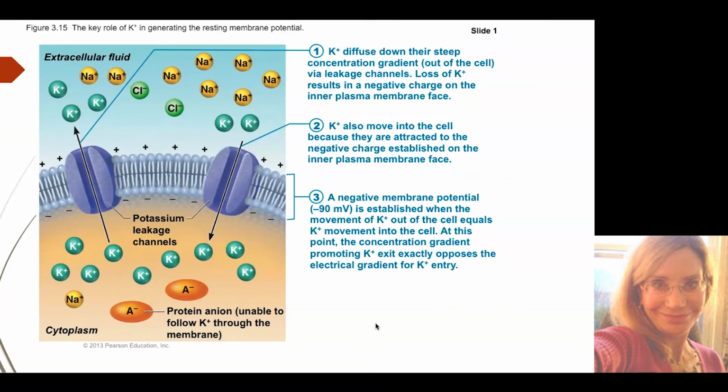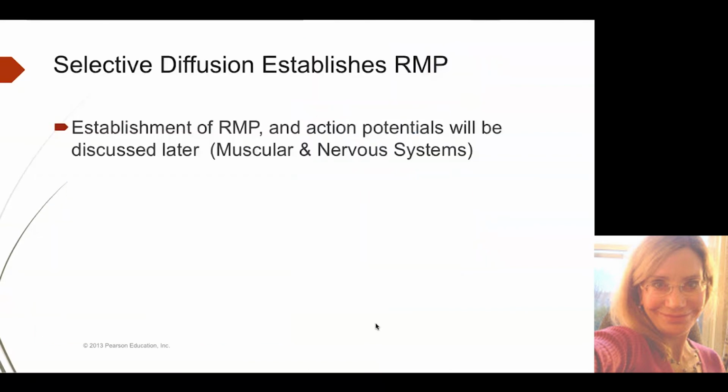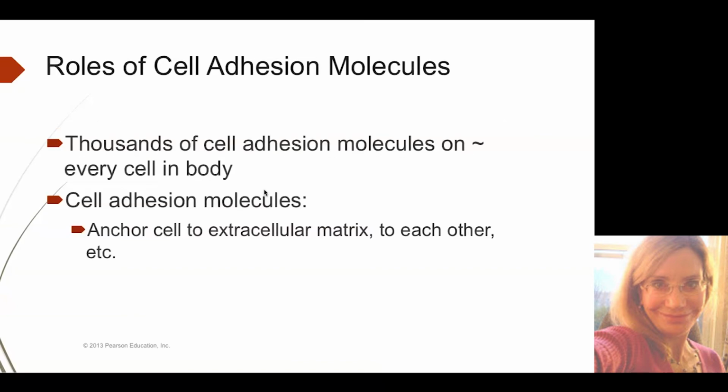We are going to come back to this later in more detail when we get to muscles. But selective diffusion will actually establish the resting membrane potential and also that sodium-potassium pump. Keep that in mind, and that's what we will be discussing later with the muscular and nervous systems.